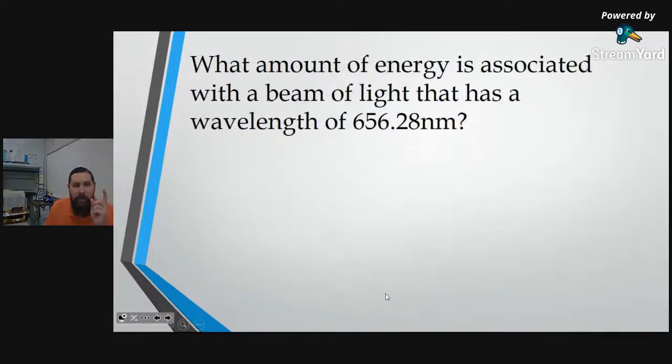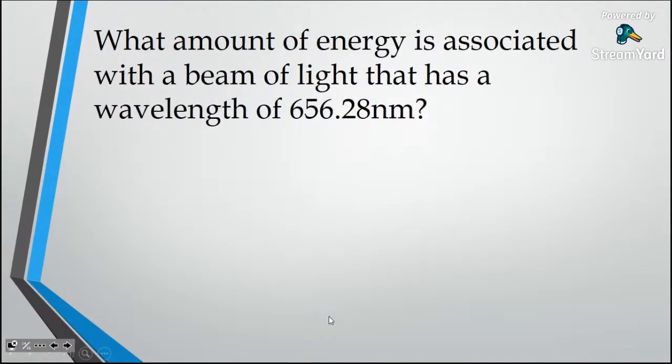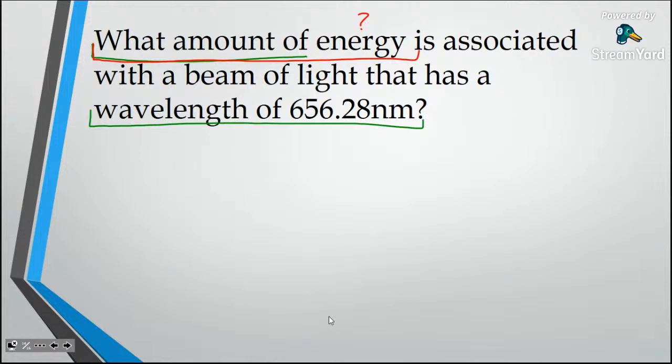So let's take a look at this problem. It asks, what amount of energy is associated with a beam of light that has a wavelength of 656.28 nanometers. So again, energy is the question.